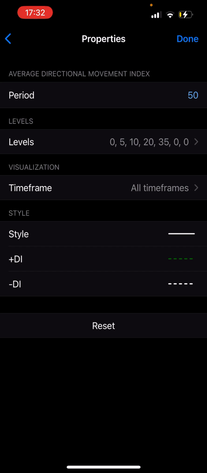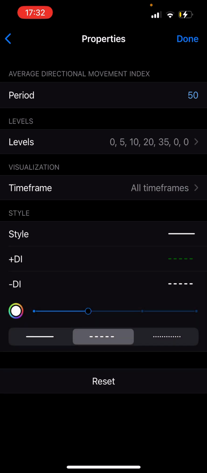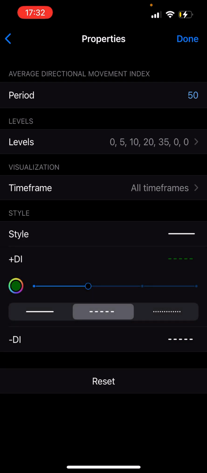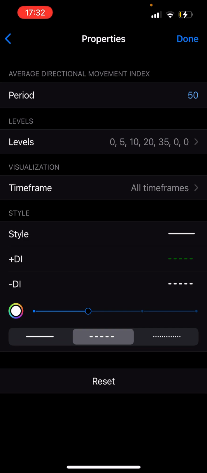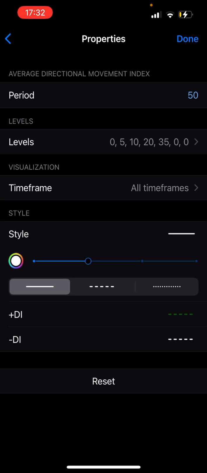Then for the positive DI, use green. Then the negative DI, use the color of your screen as well. I'm using 1 pixel for positive DI and 2 pixel for negative DI, and for the style, 2 pixel as well.